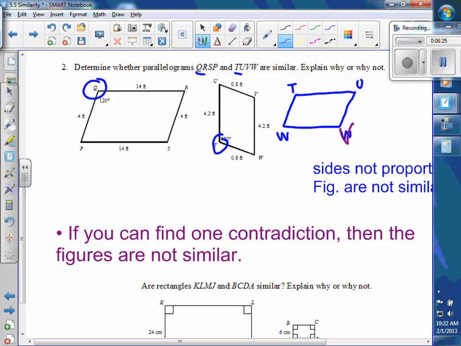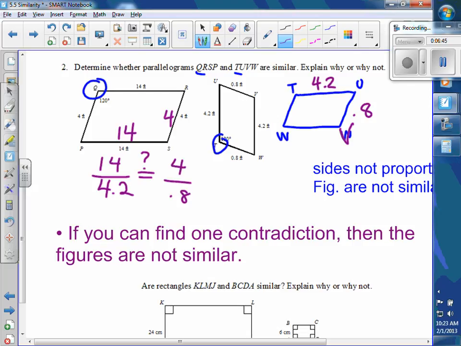That was supposed to be a V. Thank you. And W. And then this is 4.2, and this is 0.8. And over here, I don't know if you can see, this is 14, and this is 4. So you would say, is 14 to 4.2 the same as 4 to 0.8? Well, you would have to cross multiply and see.